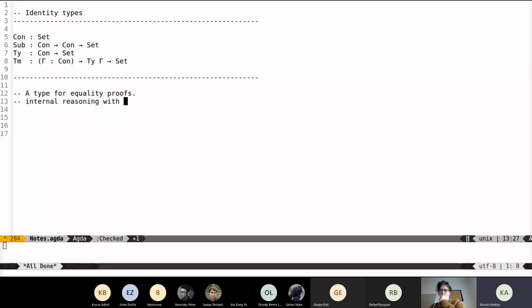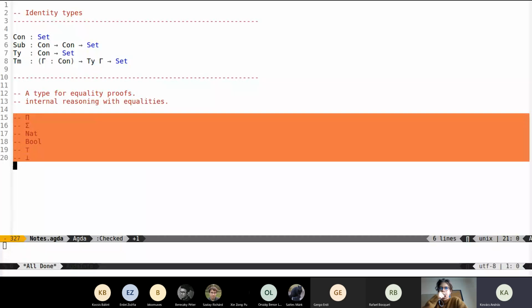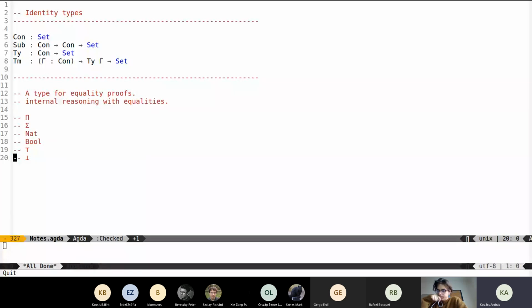Because so far we've seen a number of different type formers. We have a pi type, a sigma type, natural numbers, bools, the unit type and the bottom type. And if you only have these type formers, then what we are doing can already be viewed as some kind of logical formalization.